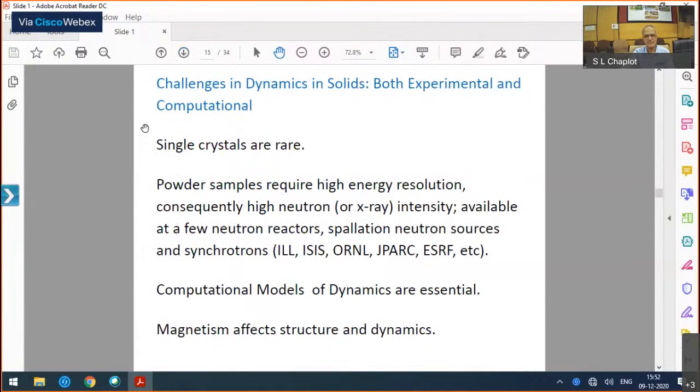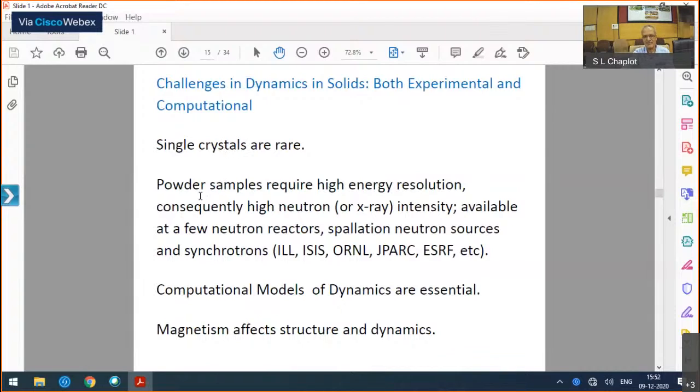Now this is just probably a repetition, but there are a lot of challenges here. As we said, single crystals are rare, but with powder samples, although you can do the density of states, you require much higher energy resolution than what you require with a single crystal. It is the same way as in diffraction. If you do a single crystal diffraction, you measure only one reflection at a time, and therefore you don't need extremely high resolution.